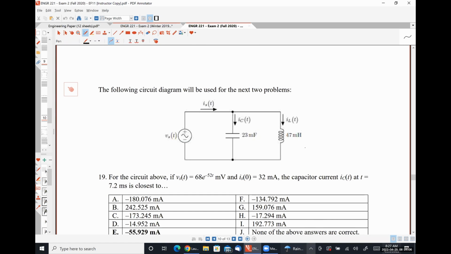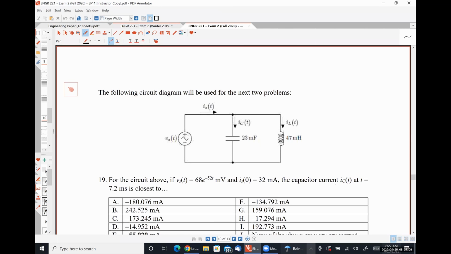So the steps that we would use for this problem in particular are that we would apply Kirchhoff's current law at this node. So that would tell us that IS of t is equal to IC of t plus IL of t.